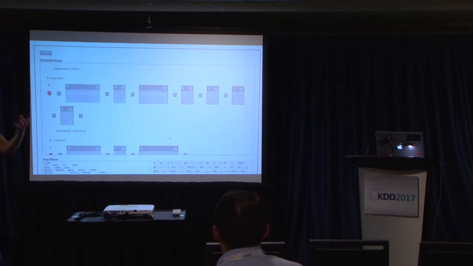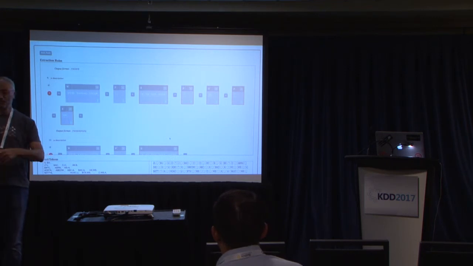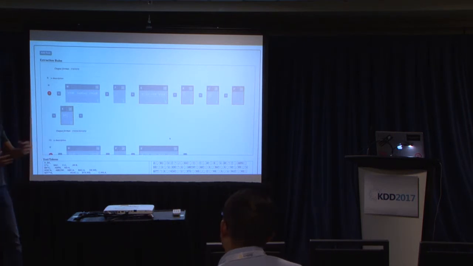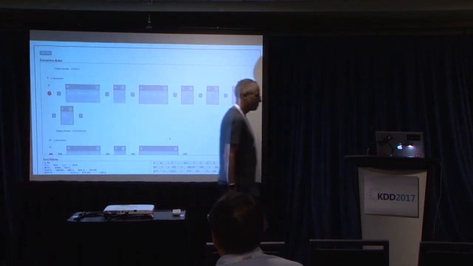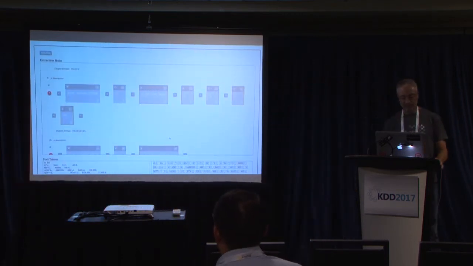So this is all regexes for people who don't know how to write regexes, except they're a little bit on steroids because you can use part of speech tags, capitalization, and so on. And then you can run them.